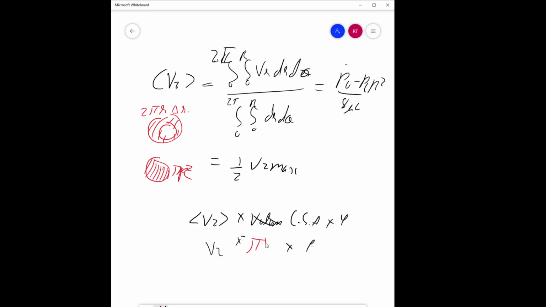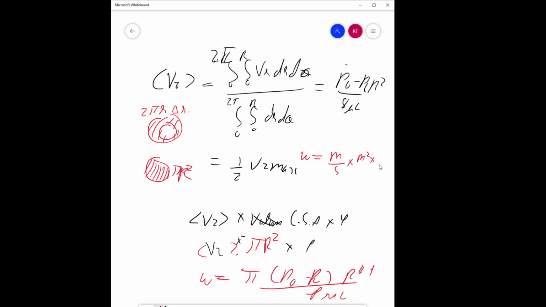This is just pi R square into rho into Vz average. And on solving this, you get W is equal to pi (P0 minus PL) R to the power 4 by 8 nu L. And this makes sense because what you're doing is meter per second, which is your velocity, that into your area, which is meter square, and that into your density, which is kilogram per meter cube. So when you solve it, you get kilograms per second, which is the mass flow rate.